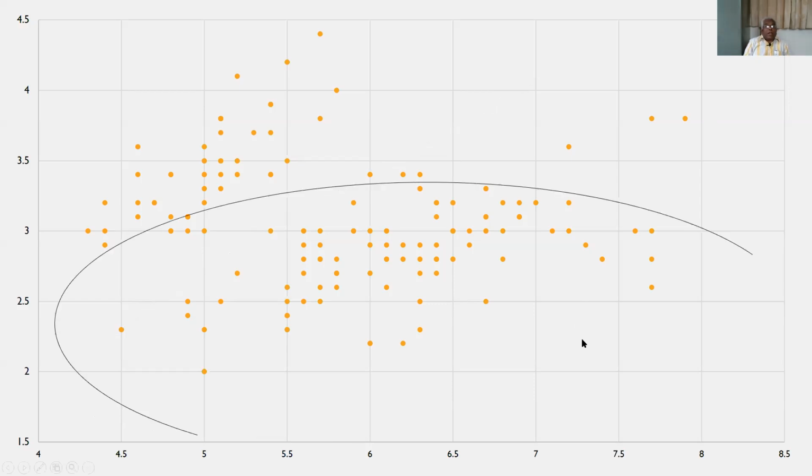I have placed another function, and you can see that in this function some points have entered this group also. Here some points from this group fall in this group also. That means, while designing a criteria, there are chances that objects from one group may be wrongly placed in the second group, and objects from the second group may wrongly be placed in the first group.